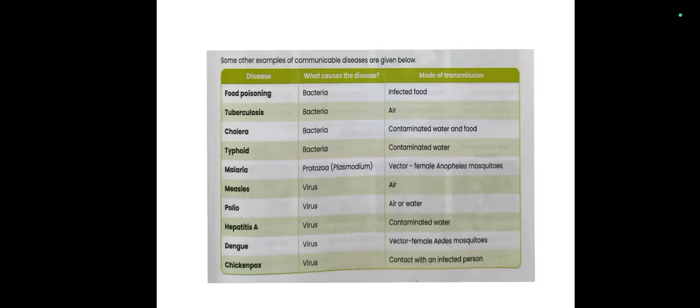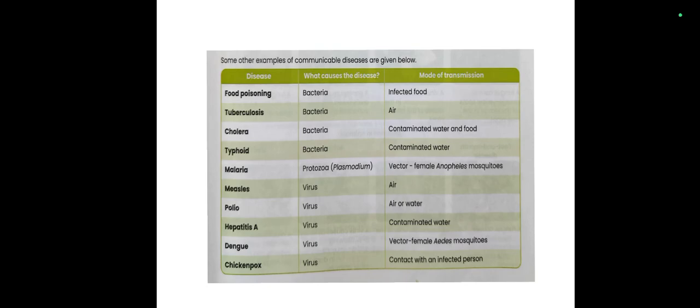Now I will take some examples of communicable disease. First is food poisoning. What will cause the disease? Bacteria. And the mode of transmission is infected food. The vector will sit on the infected food, and when you get into touch with that particular vector, you will also get infected.